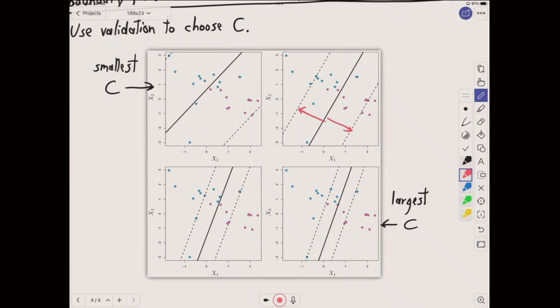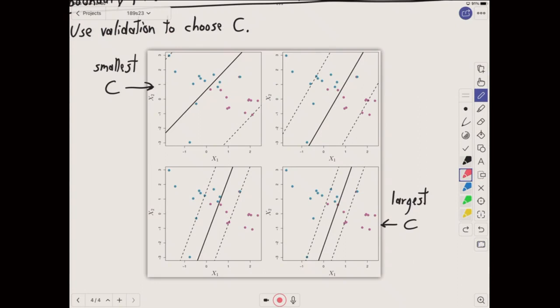You make C a little bigger, and now most points don't violate the margin, but there are some that do. And for the biggest C of all, there's only a few points left that violate the margin. In this example, you can also see how the decision boundary is changing. It's kind of rotating in different ways depending on what you're trying to achieve here.